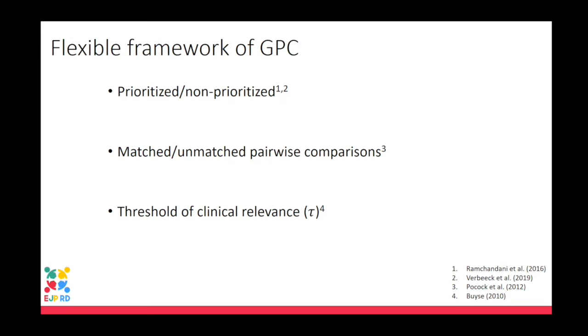So we just extend that and say, for example, the difference between those two patients is only a difference if they die a week apart from each other. So that is the threshold of clinical relevance. So that's also a possibility to include in your analysis. Now, of course, these things you need to set pre-analysis of your data.